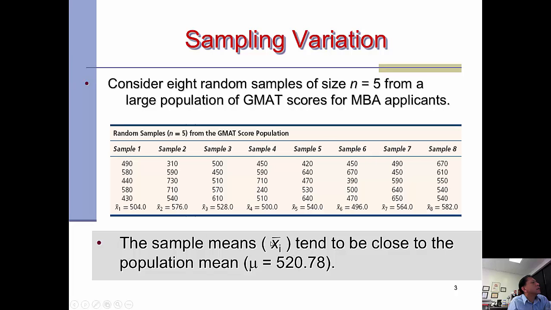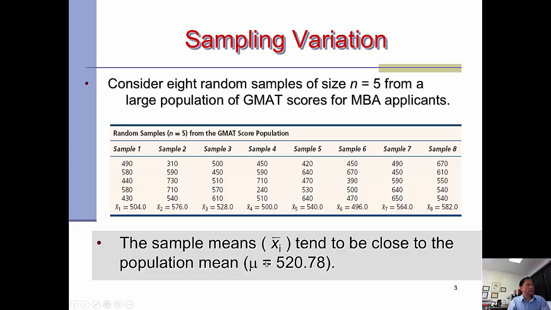The population, let's say, for example, sample 1, you take 5 people's scores. The 5 people's scores are 490, 580, 440, 580, and 430. And the average of the 5 is 504.